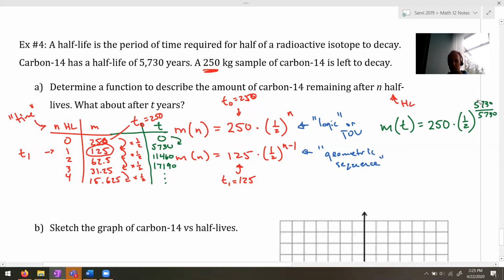The way to do this is actually quite simple. You leave the top as t, but you divide it by the length of the half-life, so that when time is equal to 5,730, the exponent equals 1, and I'm multiplying by half once to correspond with 1 half-life. And if the numerator was 11,460, then dividing that by 5,730 would give me an exponent of 2, which corresponds with 2 half-lives and so on.